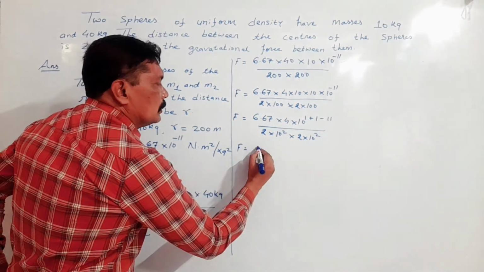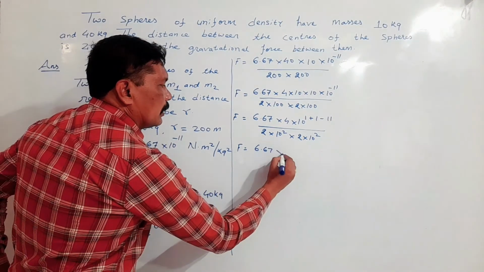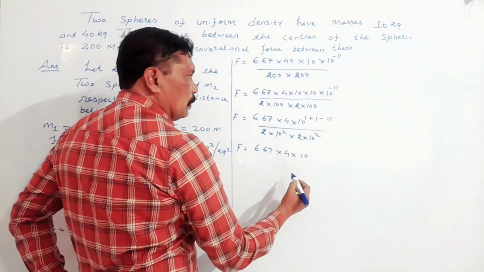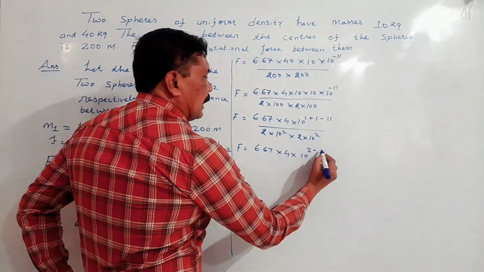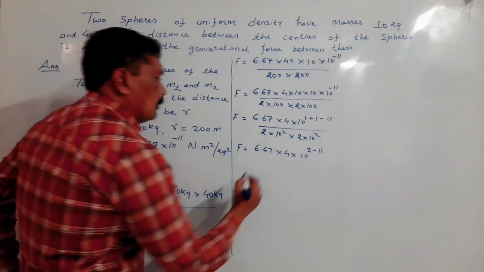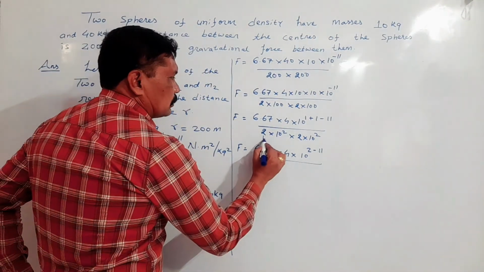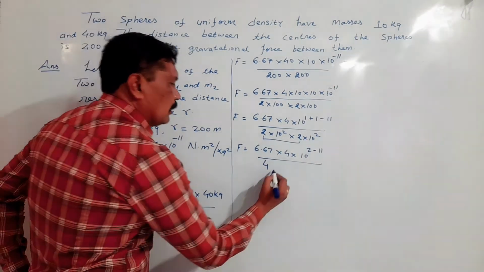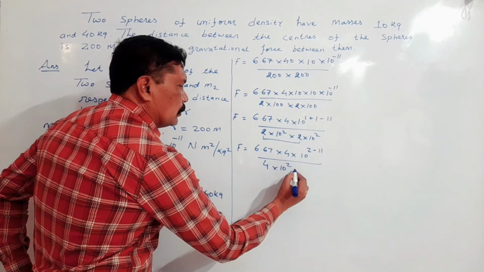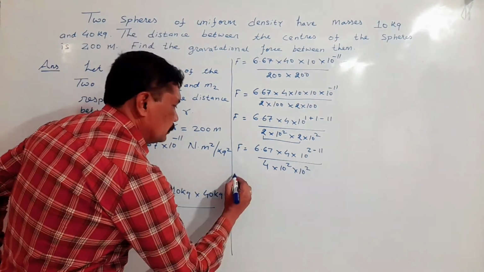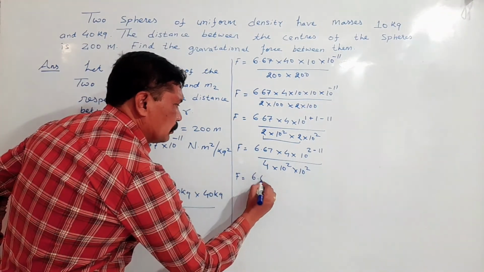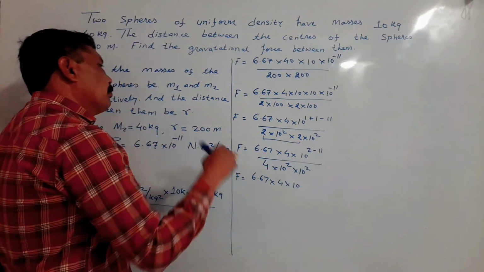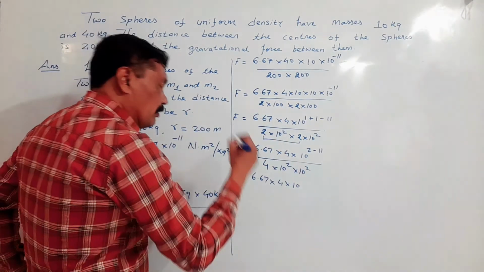F is equal to 6.67 into 4 into 10, 1 plus 1 is 2, minus 11, upon, here my dear student, we can do one thing, 2 twos are 4, we can write into 10 to the power 2 into 10 to the power 2. F is equal to 6.67 into 4 into 10 to the power 2 minus 11.